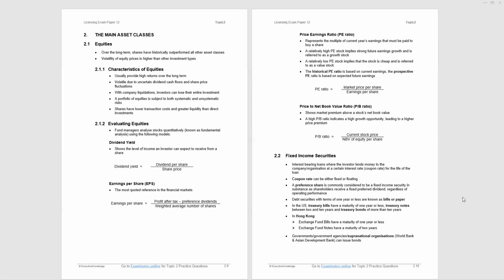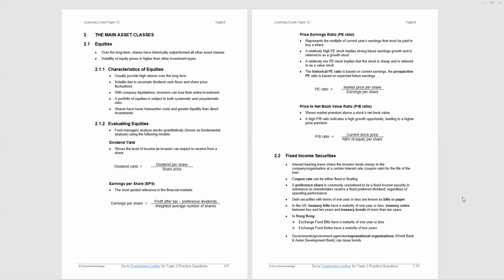Dividend per share, that is the dividend that's being paid now, divided by the share price. And historically, well, they're a function of interest rates, really. If interest rates are high, dividend yields, we're looking for high yields. Earnings per share, most quoted in the markets, and that's profit divided by the number of shares.